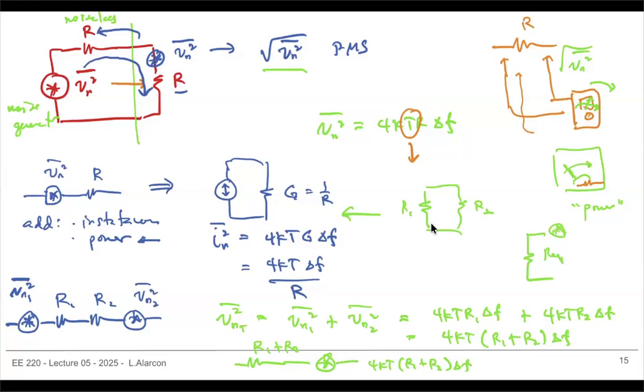And the equivalent noise generator for the equivalent resistance is Vn squared equals 4kT R_equivalent ΔF. So for a resistor network, I can just look at the two terminals that I'm interested in and get the equivalent resistance, and that gives the equivalent noise generator at those two terminals. Okay, good. So any questions here?